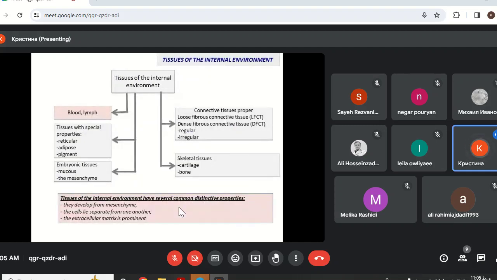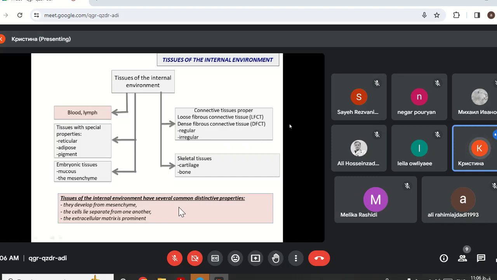What is most important when you learn tissues is their classification. So, tissues of internal environment include blood and lymph, tissues with specific properties, which are reticular, adipose, and pigment tissue. Next, embryonic tissues, which have two subtypes, mucous and the mesenchyme.